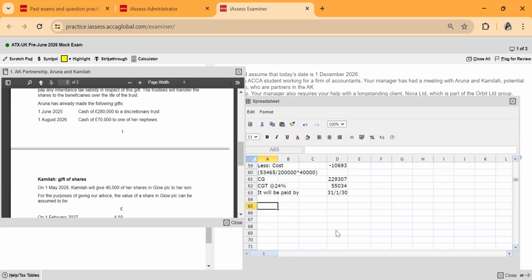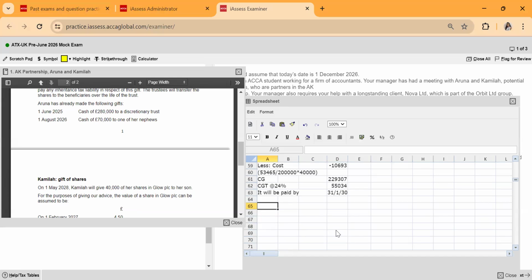We can also say that though there is a gift of shares, we cannot apply gift holdover relief, because it can only be applied to shares of a quoted company where the holding is at least 5%, which is not the case here. Hence, we cannot apply it. And since BADR is not applicable, we have applied the 24% rate. You have to write these properly in paragraphs so the examiner understands. Clear? Okay, let's go to the next one.